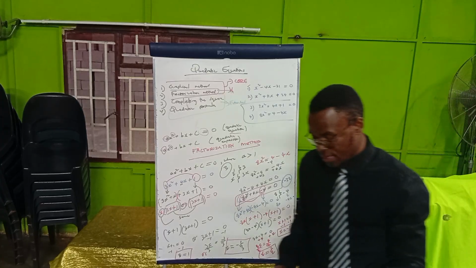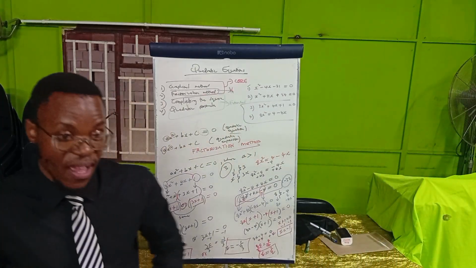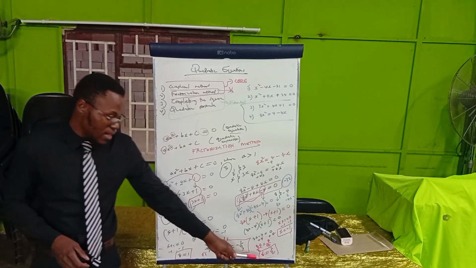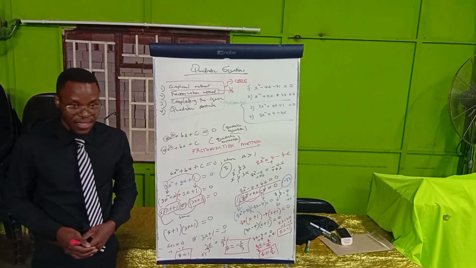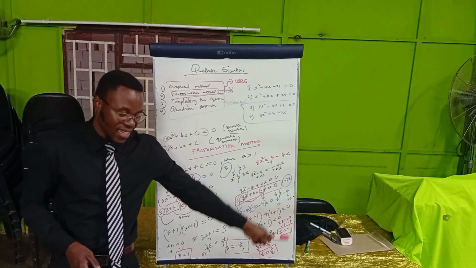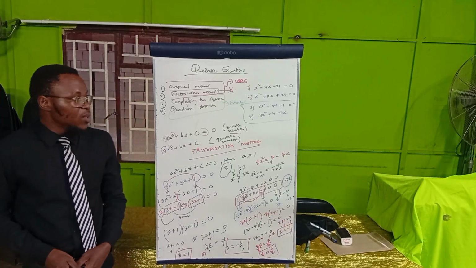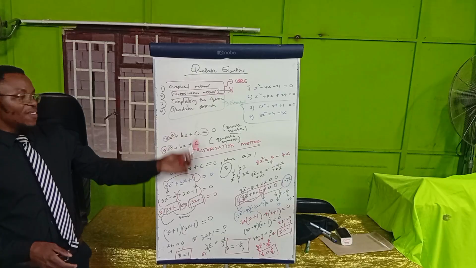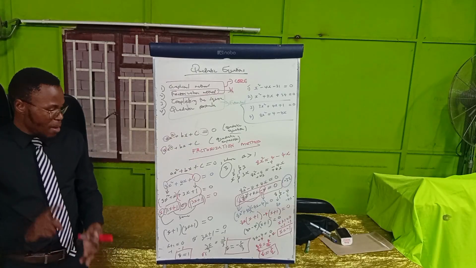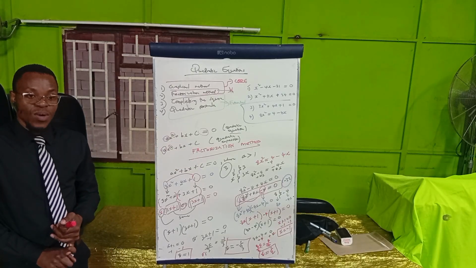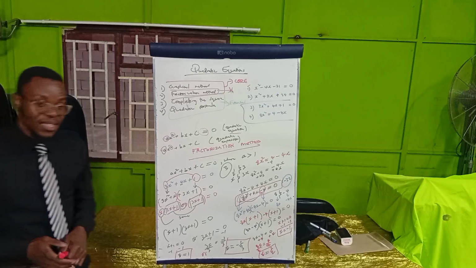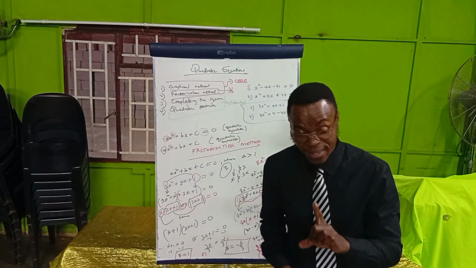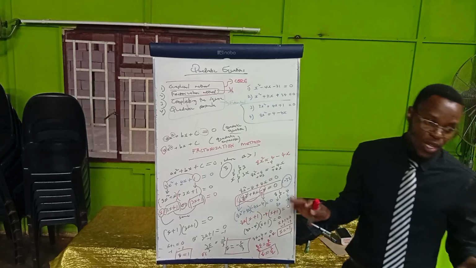So this means that the first value of x in our solution is positive half, and our second value of x is negative 1. So basically this is how we solve quadratic equations using the factorization method. Remember, in summary, whenever you are given a quadratic equation in which the coefficient of x squared is 1, you don't need to do a grouping.